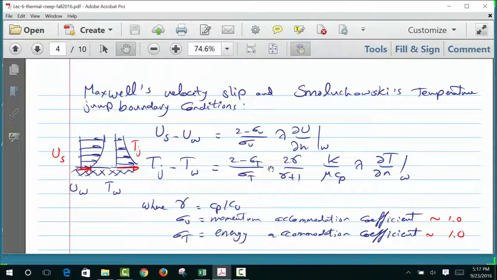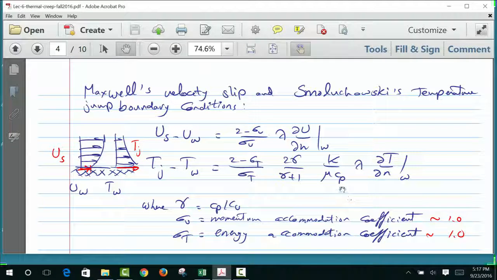This is basically how the wall grabs those molecules, and the ability of the molecules to come into equilibrium temperature-wise when they collide with it. Just like when the molecule hits the wall, will it capture exactly the velocity of the wall or not? That was sigma V, the tangential momentum accommodation coefficient. There is also sigma T.